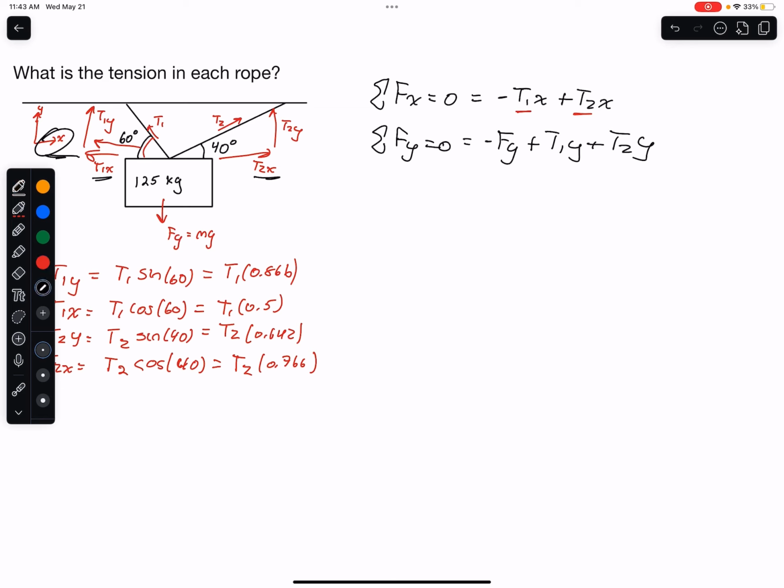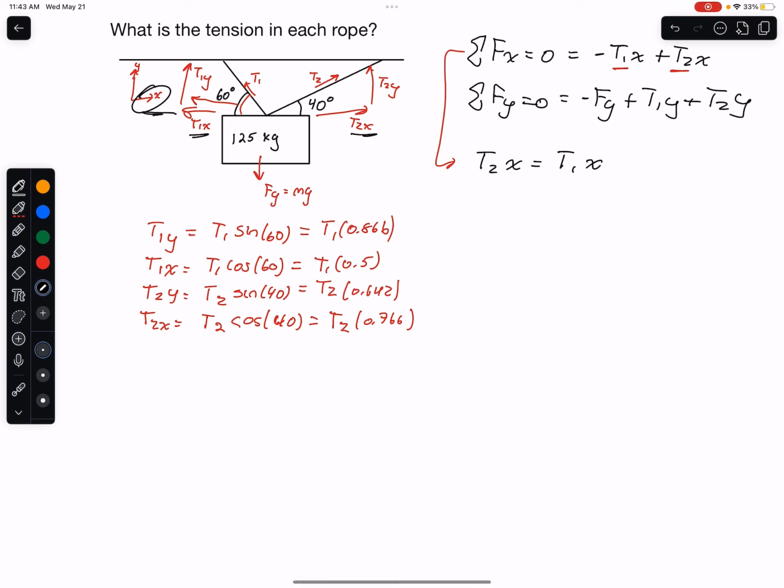The first thing we need to do is solve in terms of t1 or t2. In this example, I'm going to solve in terms of t2 and move forward with that. To do that, I'm going to bring our x equation down here and write t2x equals t1x. And from what we just discussed in the breakdown on the left side of the screen, we know that t2x is equal to t2 times 0.766, and t1x is equal to t1 times 0.5.